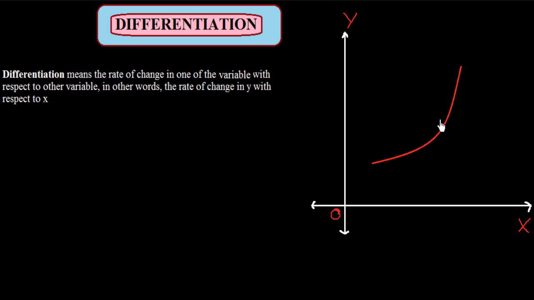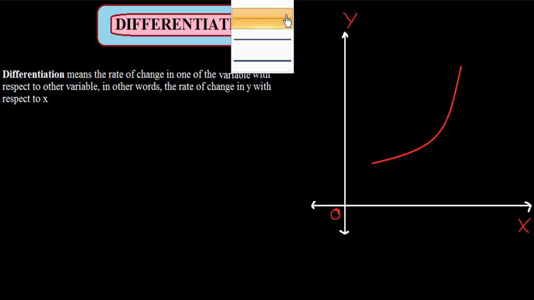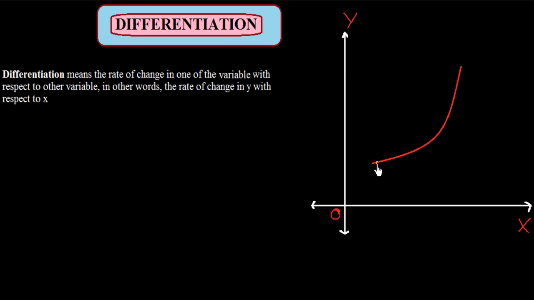Here you see in this figure. This is our x-axis, this is our y-axis, this is our variable, and this is our function. We have to differentiate this function. I take a point P here, and another point Q here on this function.